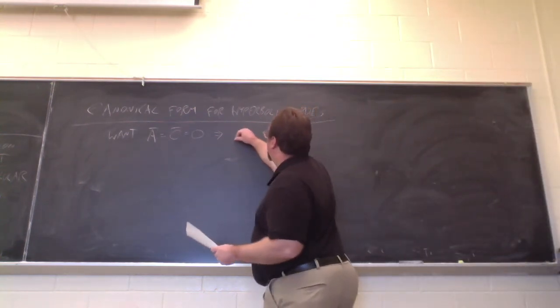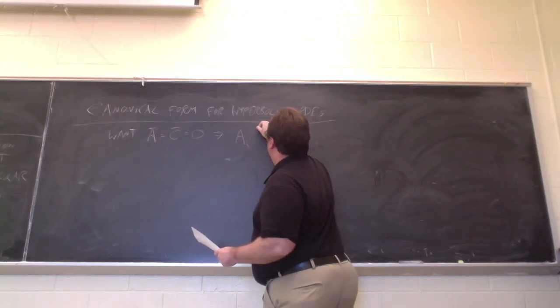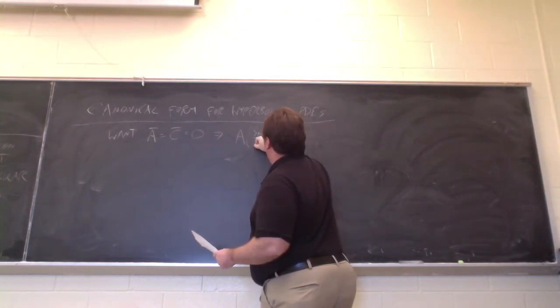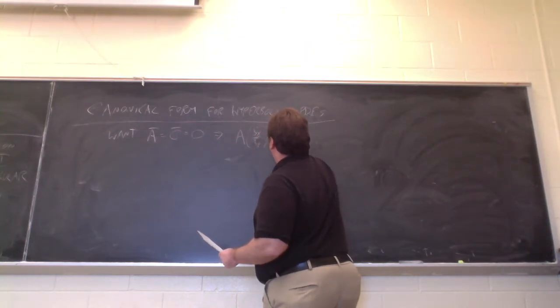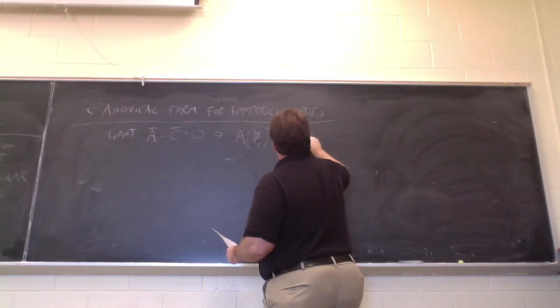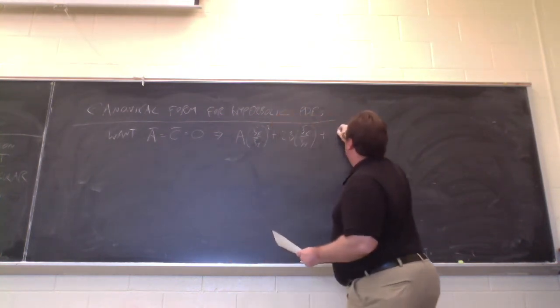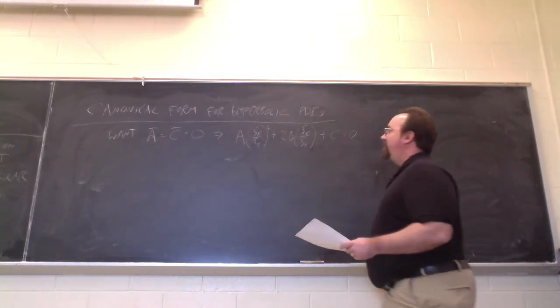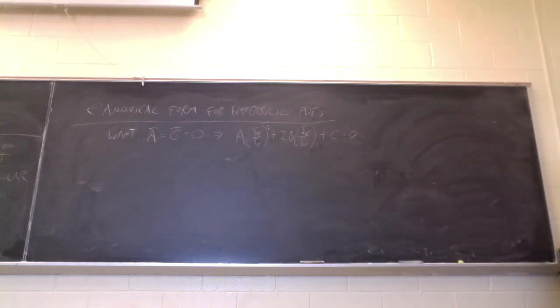So I get something like this: a (c_x over c_y) squared plus 2b (c_x over c_y) to the first power plus c is 0. So it's the same formula for a bar, I've just divided through by something.